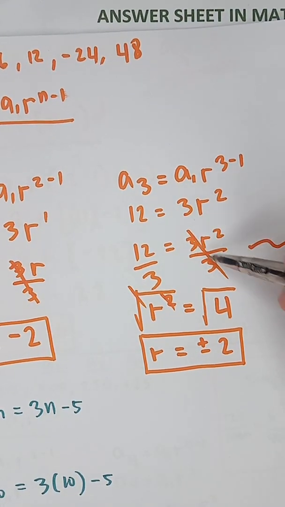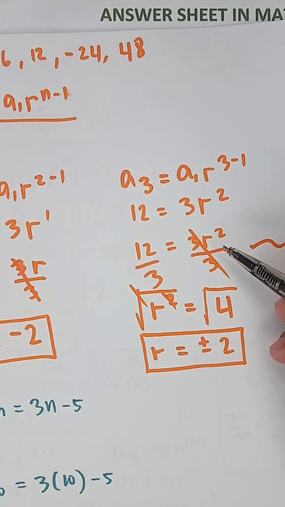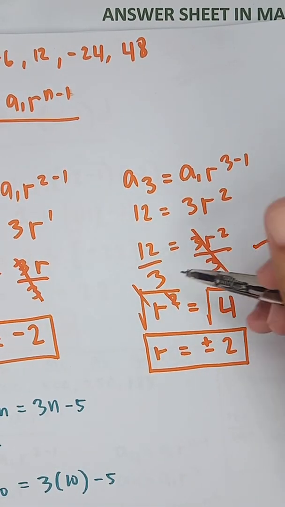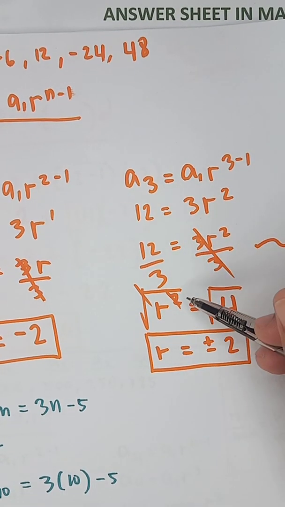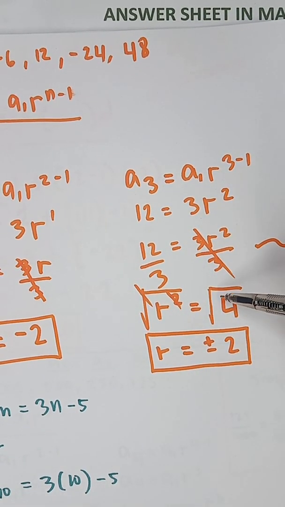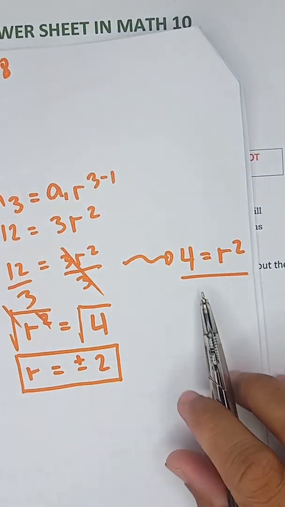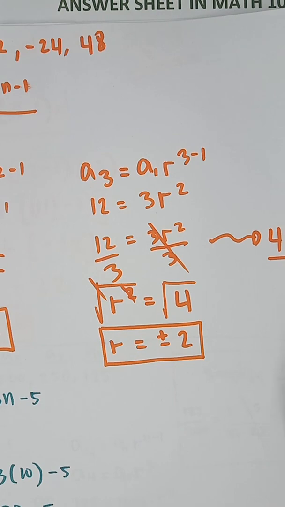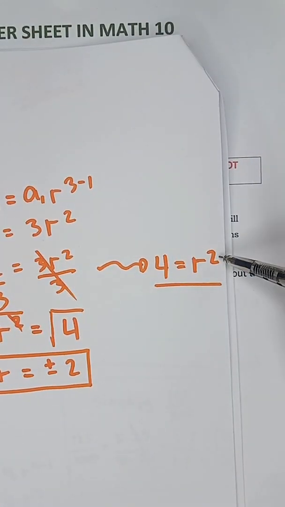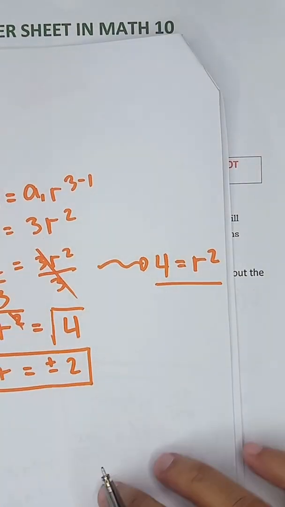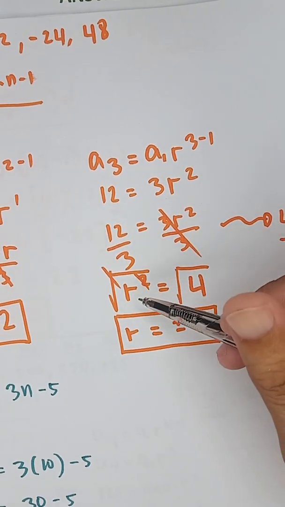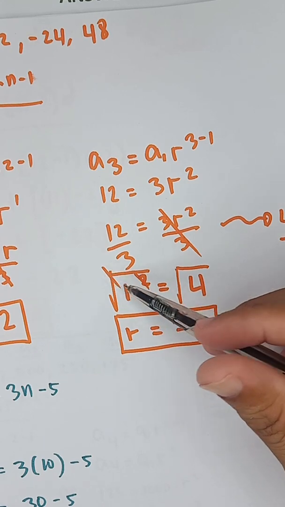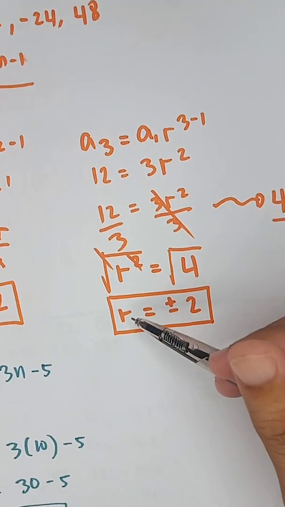Para matanggal yung 3, you need to use the MPE or the multiplication property of equality. So, over 3 divide, that's r na lang, squared is equal to 4. And then we square root both sides para matanggal yung exponent ng r, which is 2. Matatanggal yung exponent, r na lang.